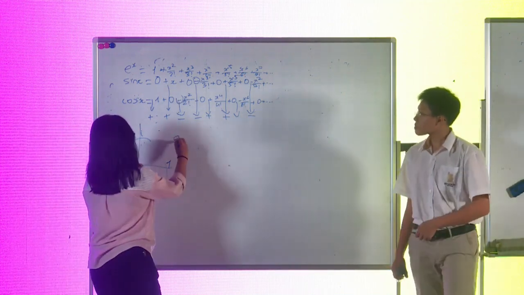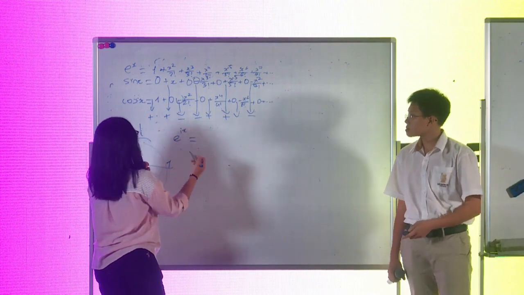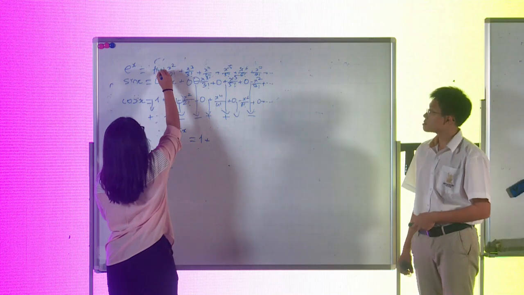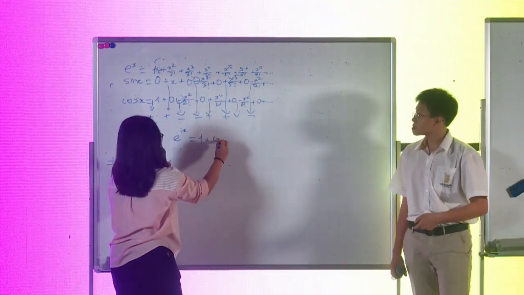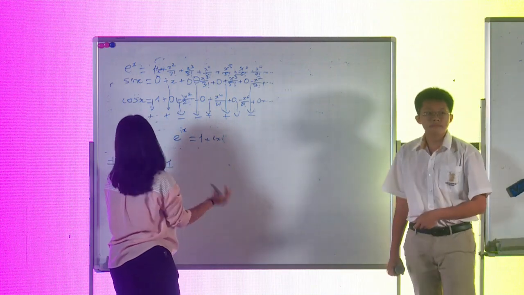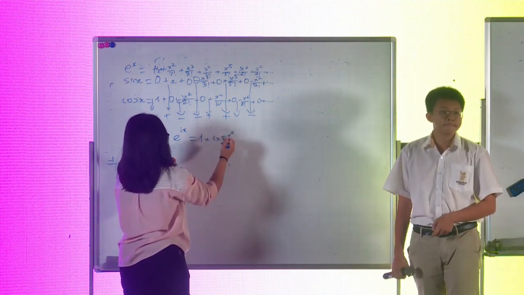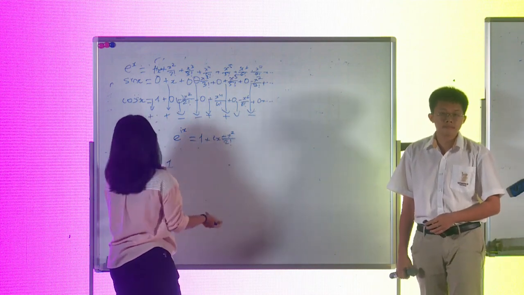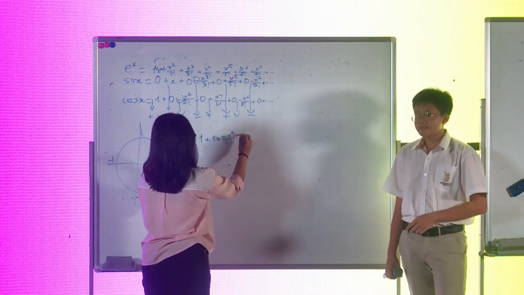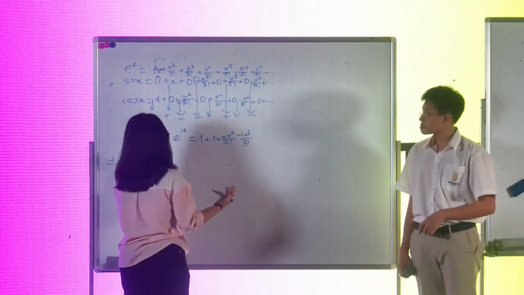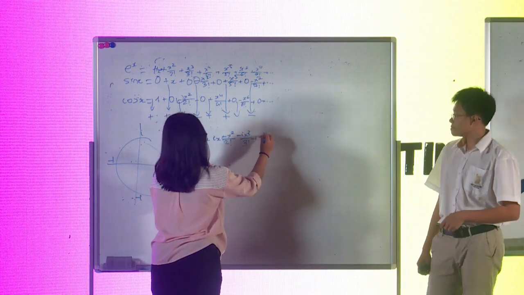We change it to e to the power of ix, which would then be equal to 1 plus ix plus, because i to the power of 2 is minus 1, this will be minus x to the power of 2 over 2 factorial. i to the power of 3 is minus i, so then this will be minus i times x to the power of 3 over 3 factorial. i to the power of 4 is 1, so this doesn't change.